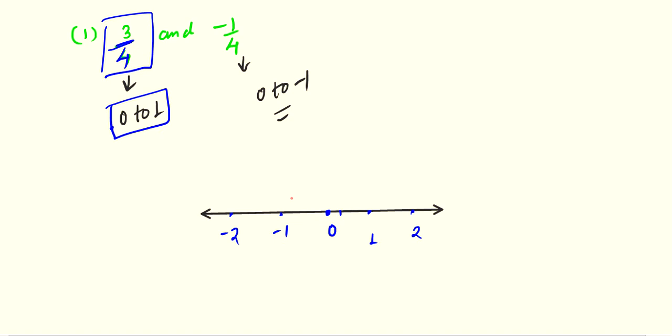Okay. Now you will not count this 0. So this is your first part, second, third, fourth. So this one is 1 by 4, this is 2 by 4, this is 3 by 4, which we want to plot.